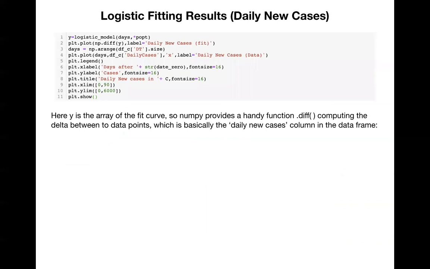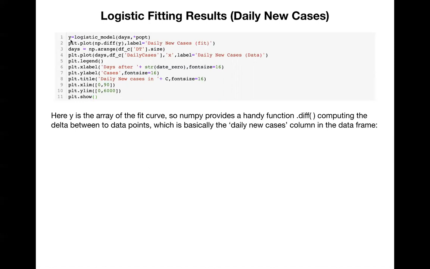You can also check other outputs. For example, with the fitting results, we have the cases, which is a logistic function, and we can use the diff function from NumPy to compute the deltas between each day, which will be the daily new cases, and compare that with the measurements. We did not fit the daily cases, but we can derive them and compare to the real data to see how good the fitting is.